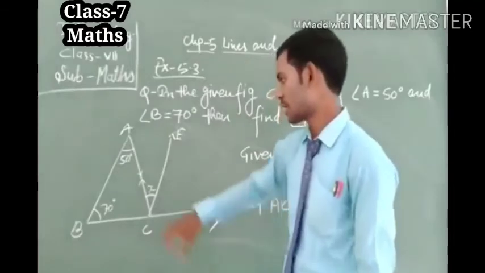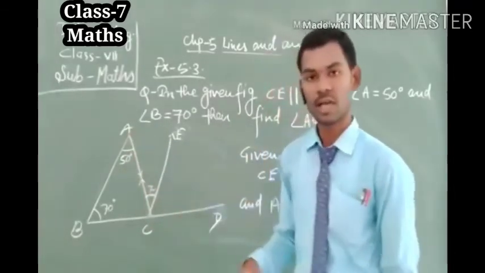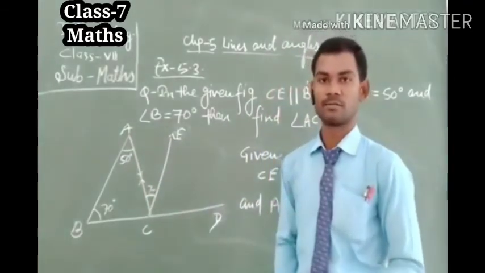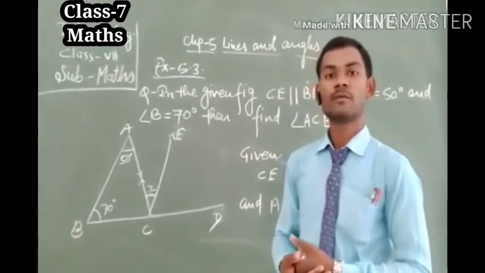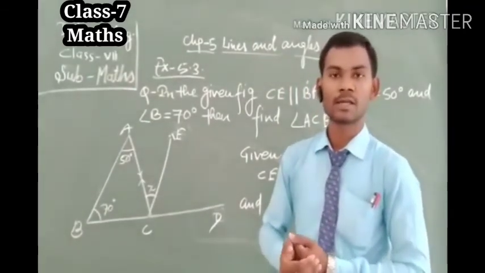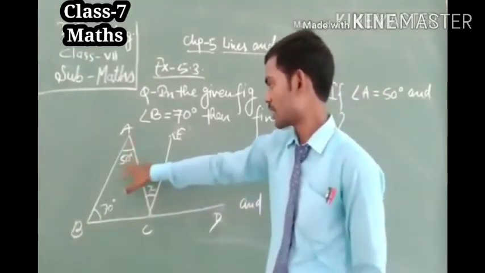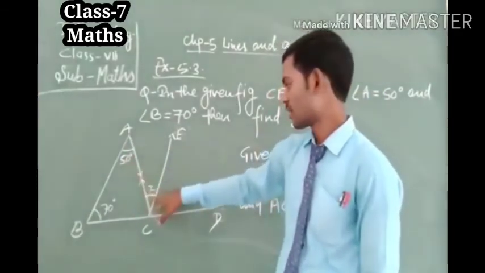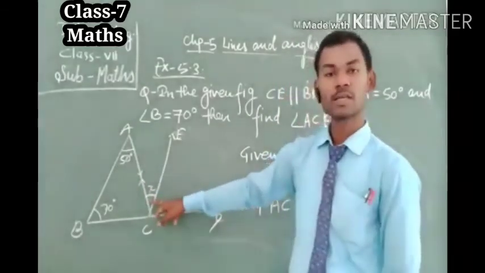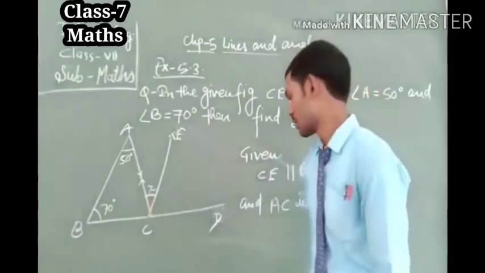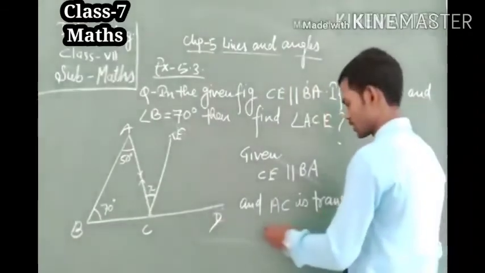Then we can say that angle A and angle C are alternate angles, and the values of alternate angles are equal. Therefore, if angle A is 50 degrees, then the value of angle x is always 50 degrees.